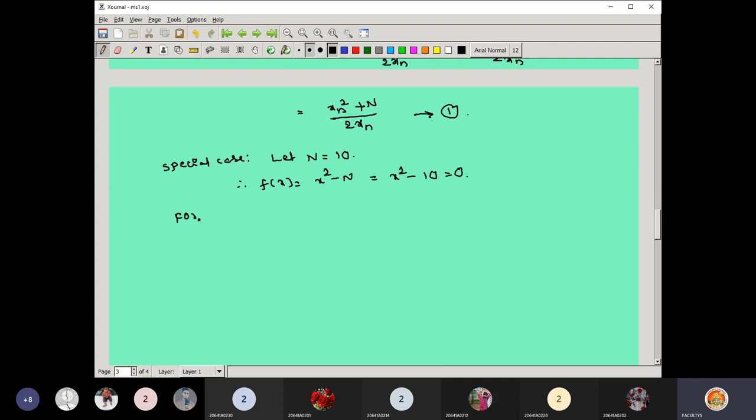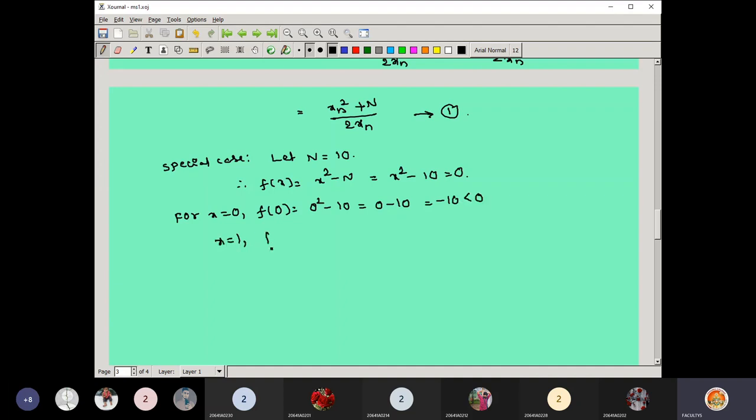For x equal to 0, f of 0 is 0 square minus 10, which is minus 10, less than 0.